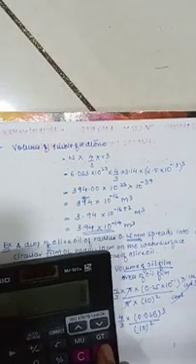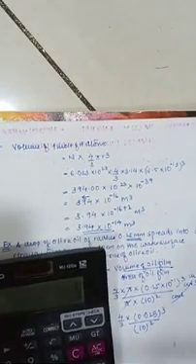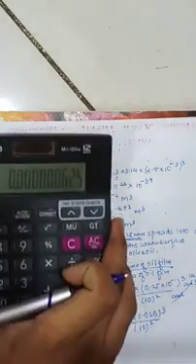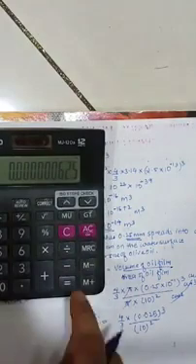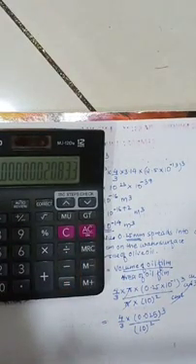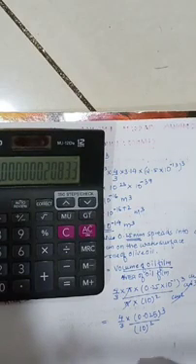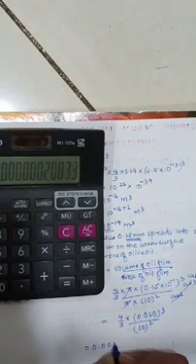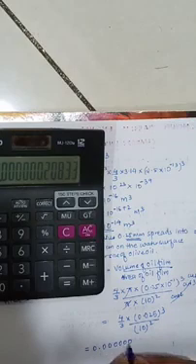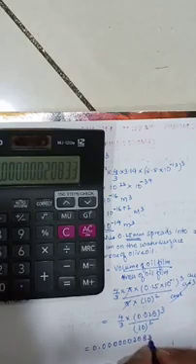Now using the calculator, you get 4 into 0.025 into 0.025 into 0.025 divided by 10, then divided by 3. So your answer is 0.000000006020833.